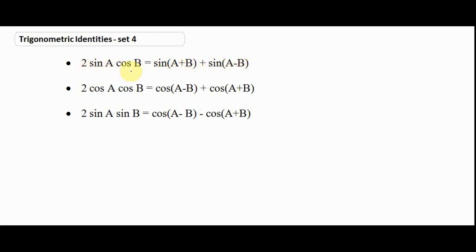Now the second identity is 2 cos A cos B is equal to cos (A minus B) plus cos (A plus B). When you add expansions of cos (A minus B) and cos (A plus B), we will get 2 cos A cos B. The third identity is 2 sin A sin B is equal to cos (A minus B) minus cos (A plus B).